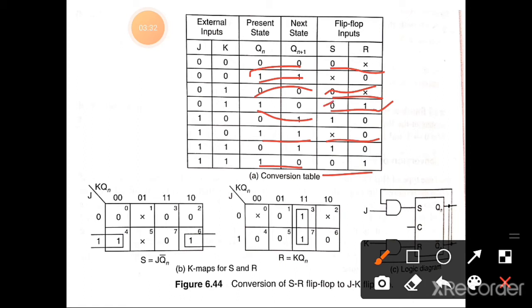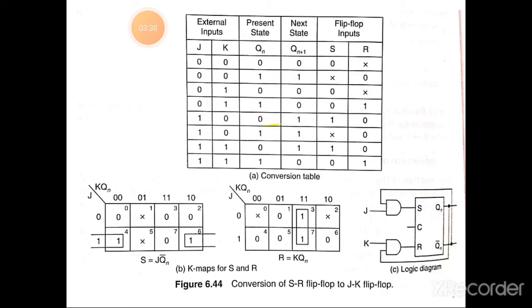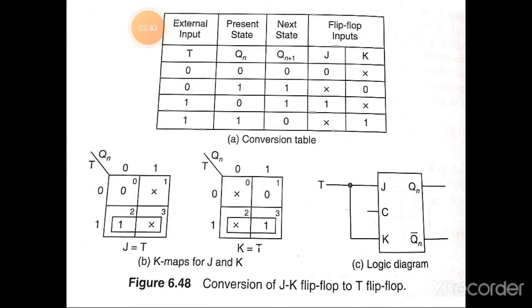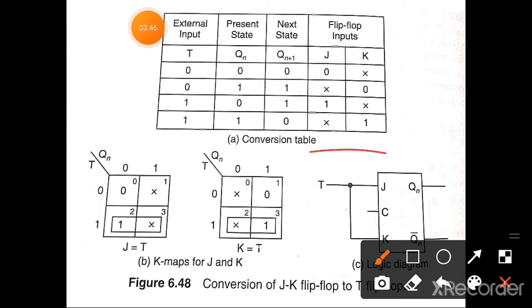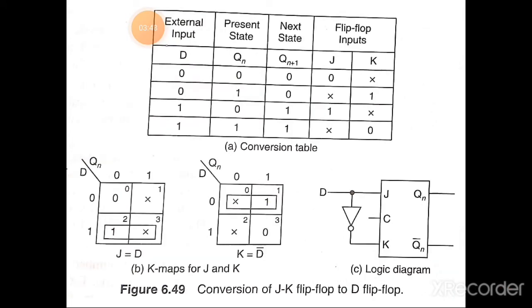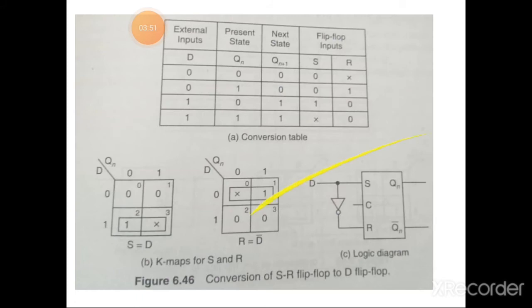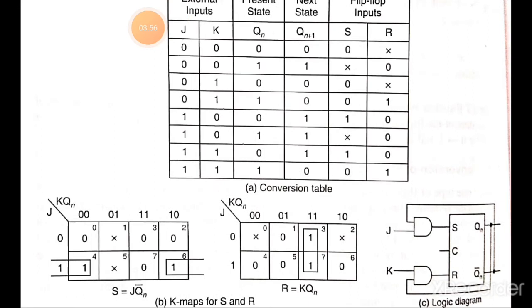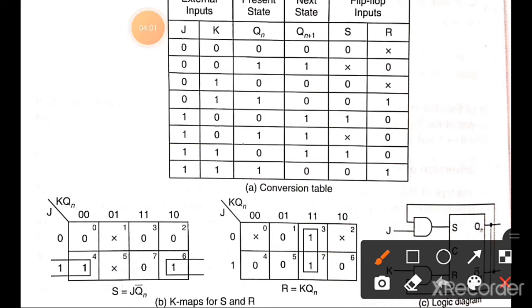Then next is 0 1 and 0 1. 0 1 means that is set state, that is S value is 1 and R value will be 0.